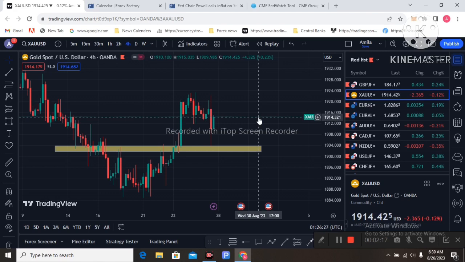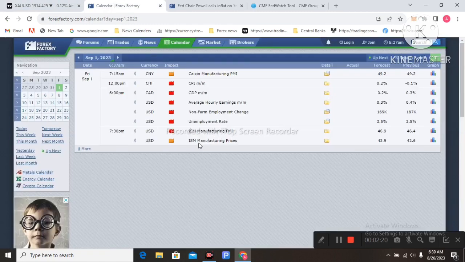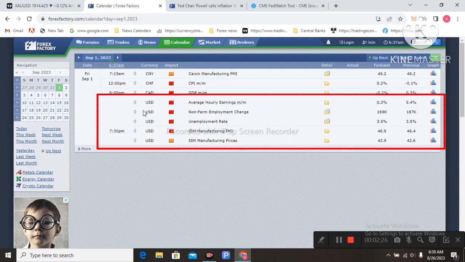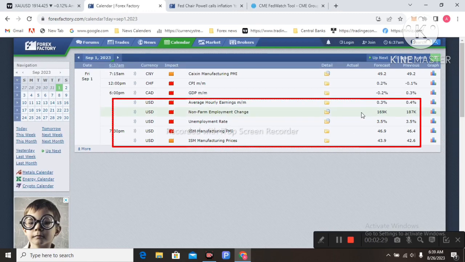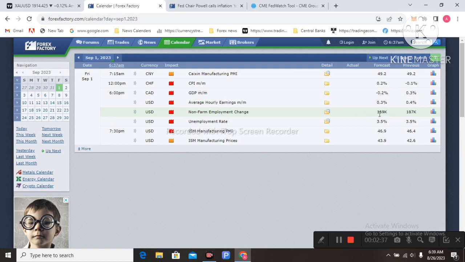So that is the economic data. Next week, on September 1st, the most volatile economic event is the non-farm employment change. If you are trading gold or USD pairs, you will deal with this economic data. Without economic data you can't trade gold. The non-farm employment change previous was 187, and the forecast is 169; the Federal Reserve hopes this figure will drop to 169.